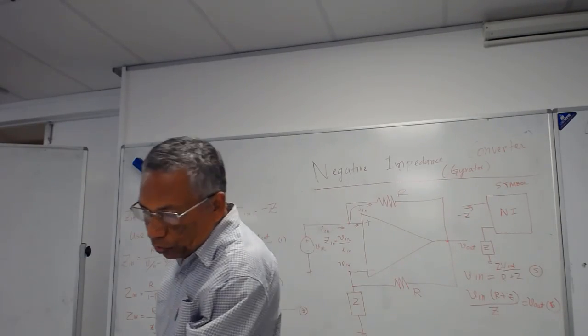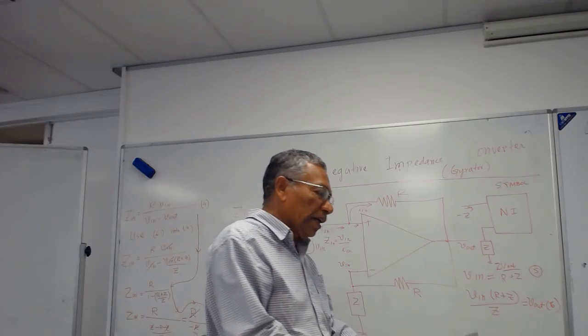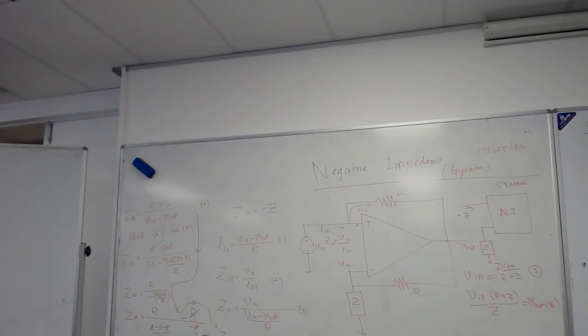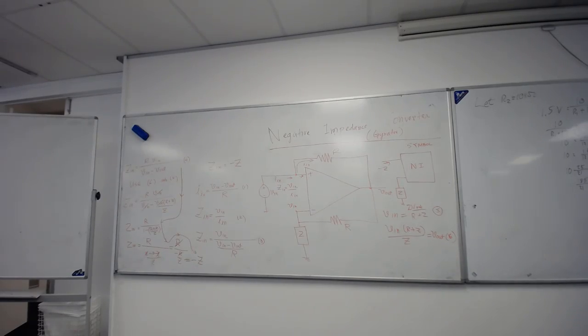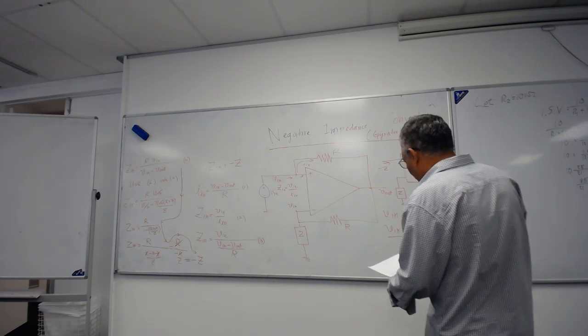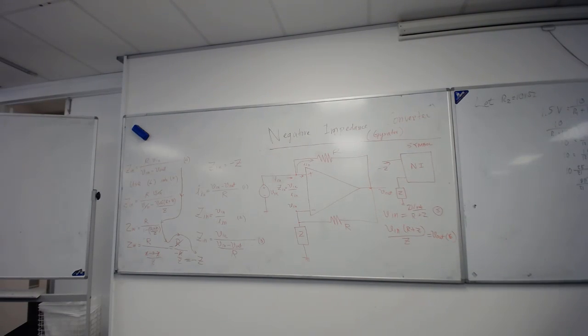So let us now do an example of a circuit with a negative impedance converter and see what the end result is. I have a circuit here. You have to tell me what I get at Z in at the end.